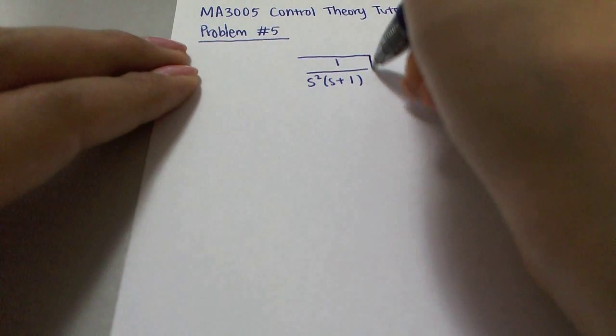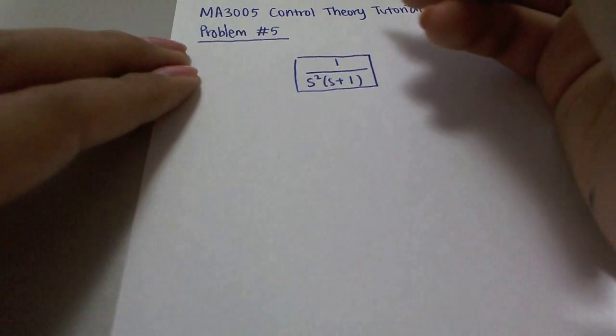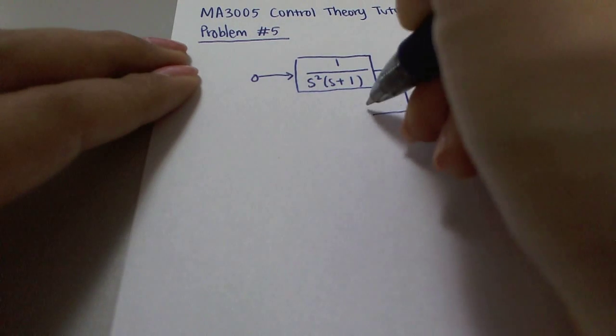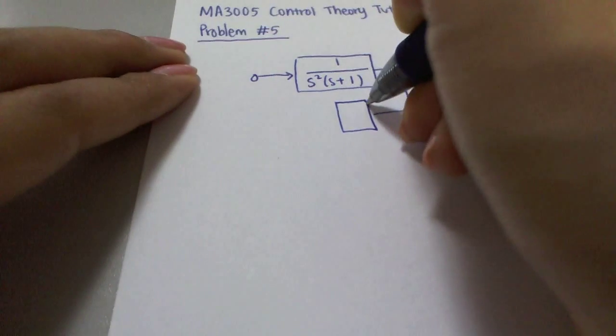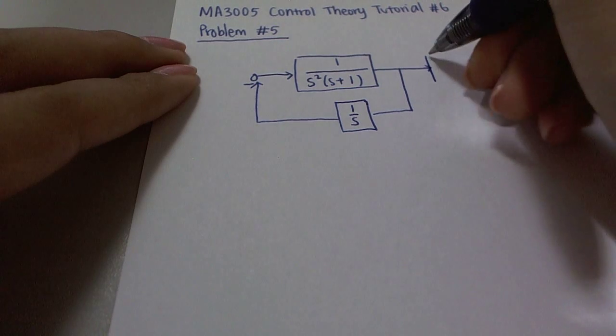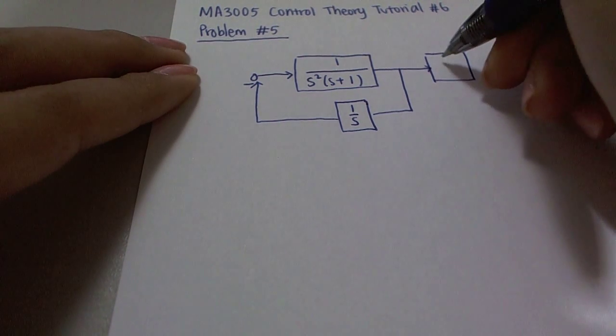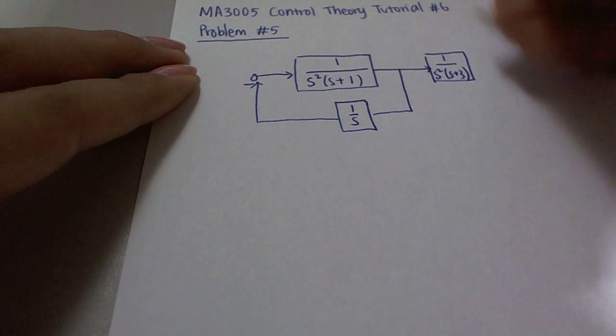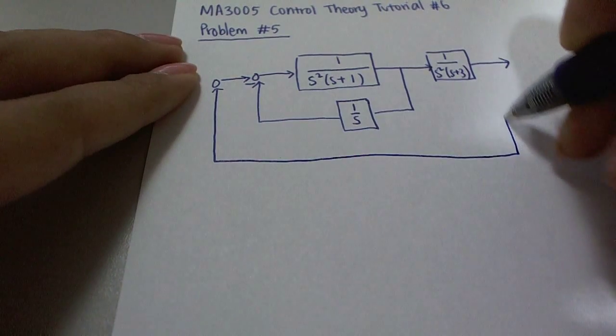In the inner loop we have a system with a negative feedback, and then in the feedback loop there is an integrator, and then also there's another block over here, and on top of everything we have another negative unity feedback.